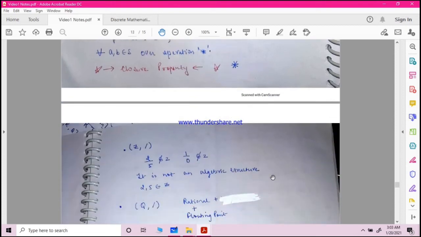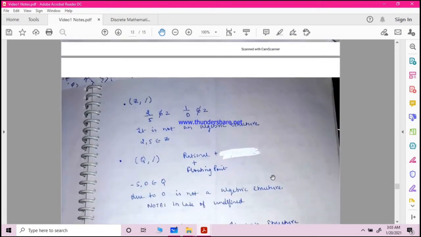What the closure property says is that if the result doesn't belong to the set, it is not an algebraic structure. As 2 comma 5, it doesn't belong to Z. It gives you a rational number, meaning rational plus floating. This belongs to the set. Set plus closure property gives you the algebraic structure. This is important as we are going to use it in the group section.